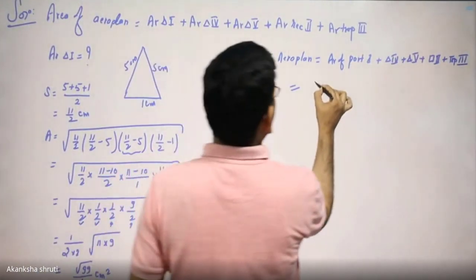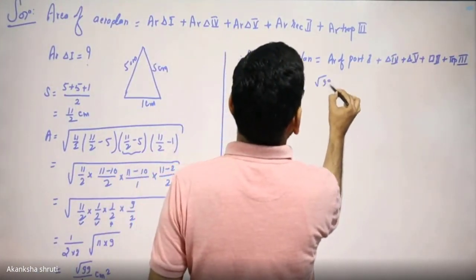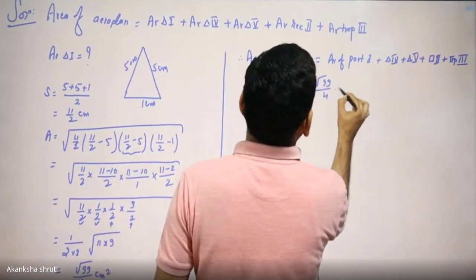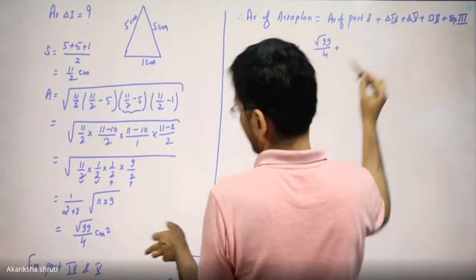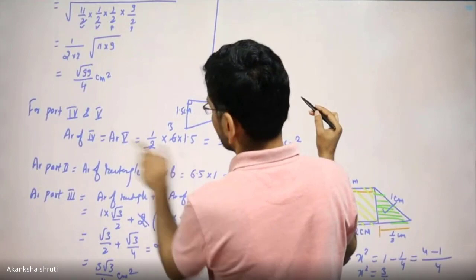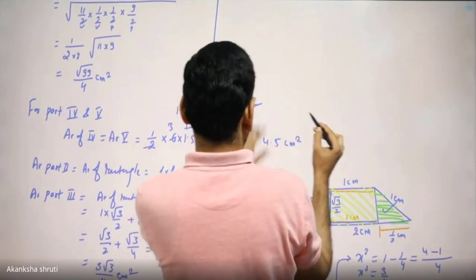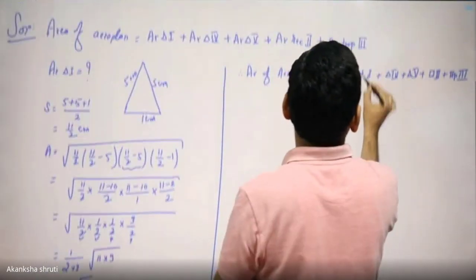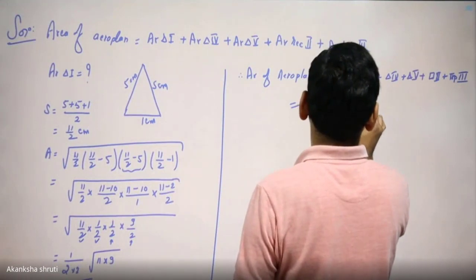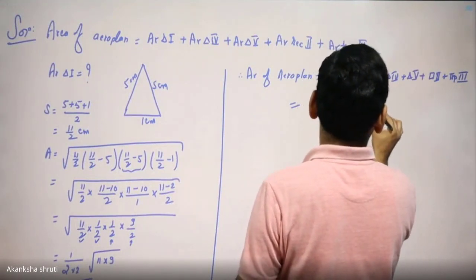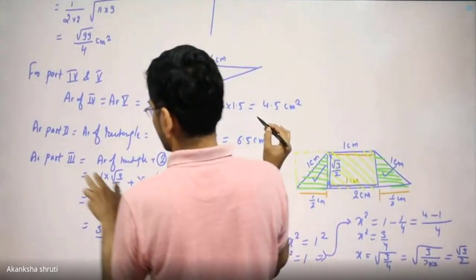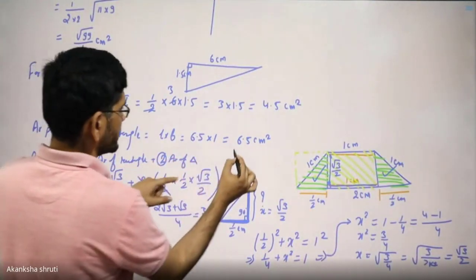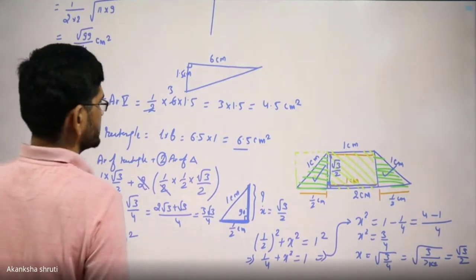So it is our under root of 99 by 4 plus, what was the two triangles 3 and 4, student? This we had already calculated. The two triangles are equal, 4.5 and 4.5. So plus 4.5 plus 4.5 plus area of the rectangle that we had calculated. What was that? It was 6.5.